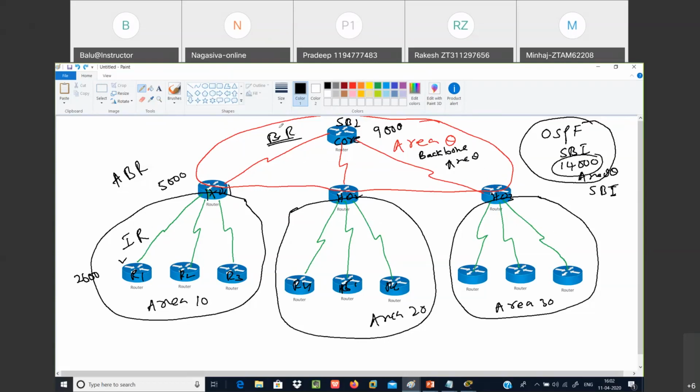Okay, Minhas. Clear now? The router which belongs to the backbone area, we call the backbone router. The router which belongs to a regular area, we call the internal router. The router which connects different areas, that router we call area border router, ABR.